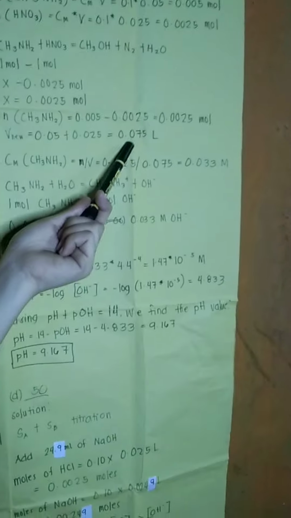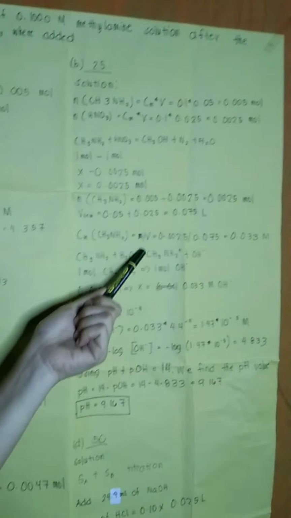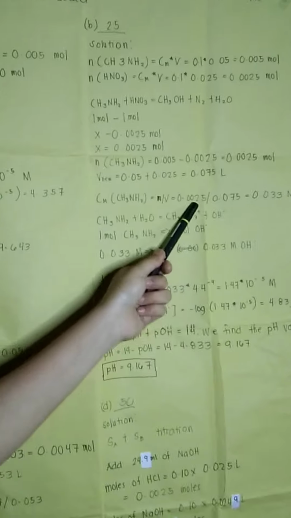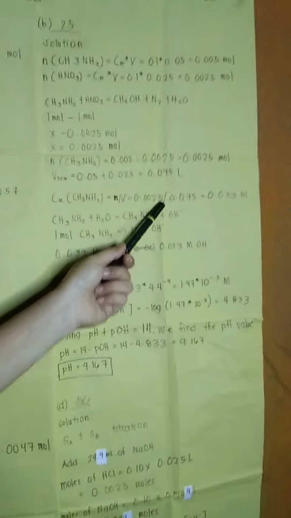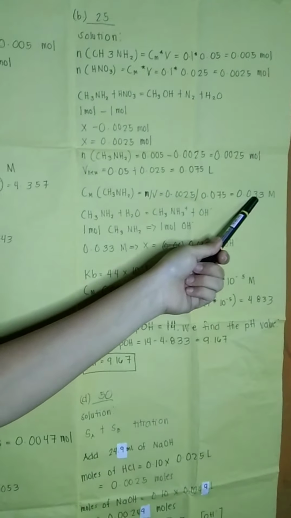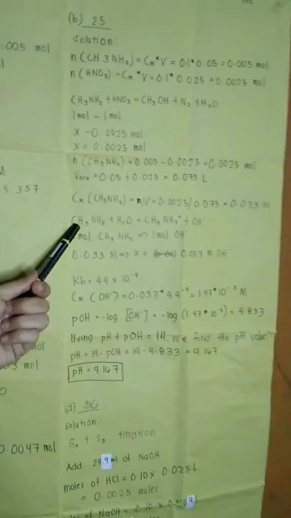We can get 0.075 liter. Cm of CH3NH2 equals N divided by V equals 0.0025 divided by 0.075. The answer is 0.033 molarity.